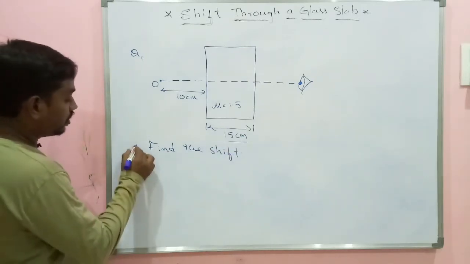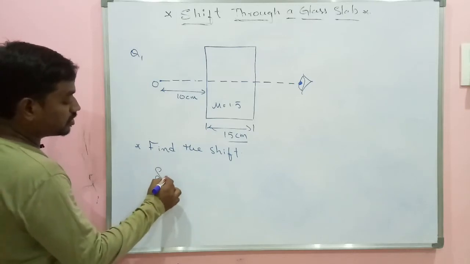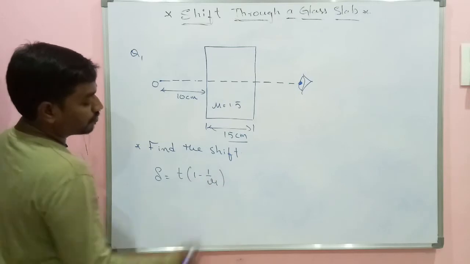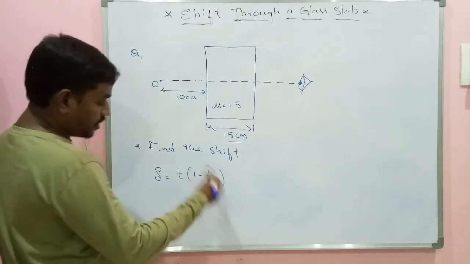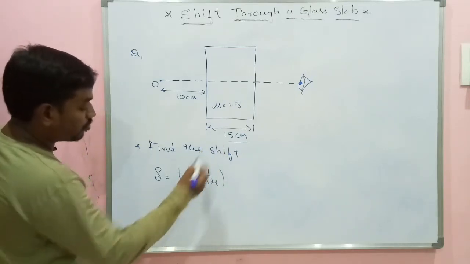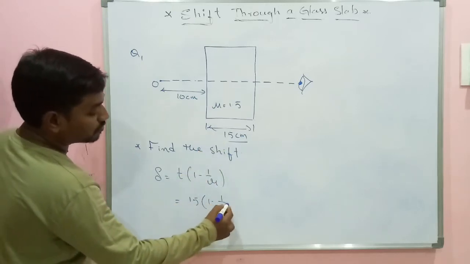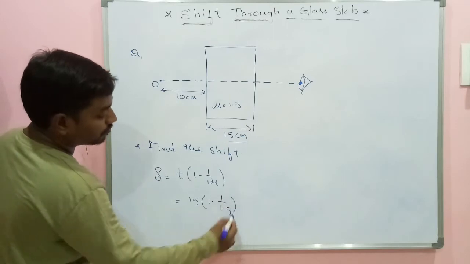So simple, the formula is S equals T of 1 minus 1 by mu. Here all terms are given in the problem. T is 15 centimeters, 1 minus 1 by 1.5.